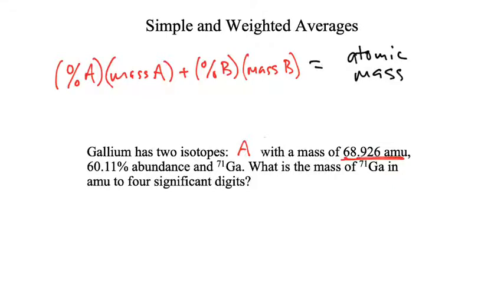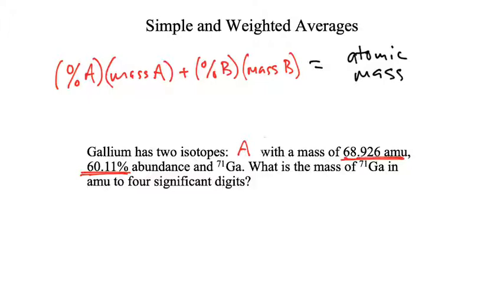60.11% abundance applies to what? The percentage of A. This is where language becomes confusing when we read through. A with a mass of this, 60.11% abundance, and gallium-71. Those two numbers are tied to the first thing that appeared in front of it, A. The 'and' is what differentiated those.